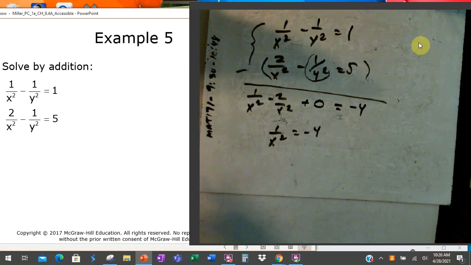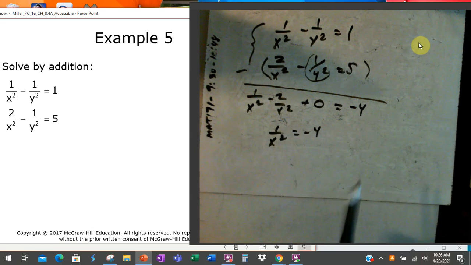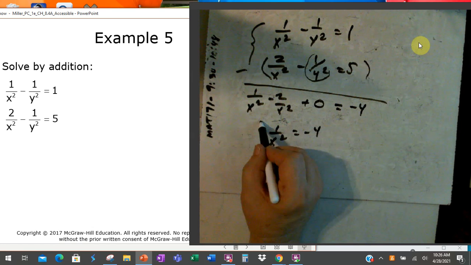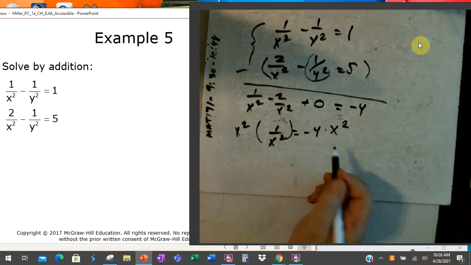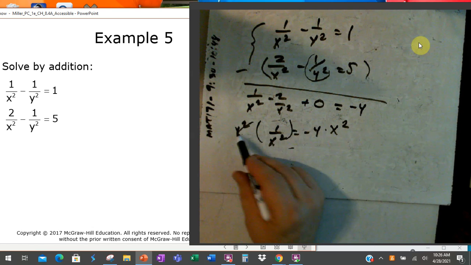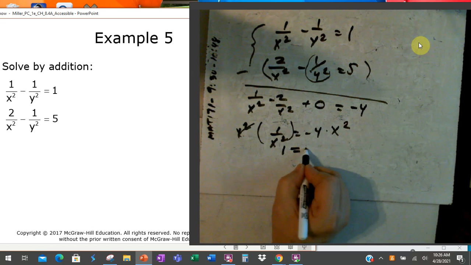Okay, 1 over x squared minus 2 over x squared is 1 over x squared equal to negative 4. Clear fractions. So this cancels. So 1 is equal to minus 4x squared.